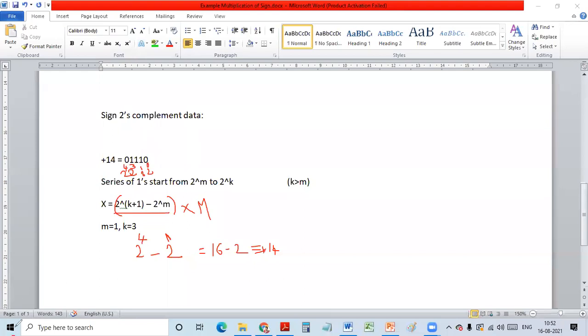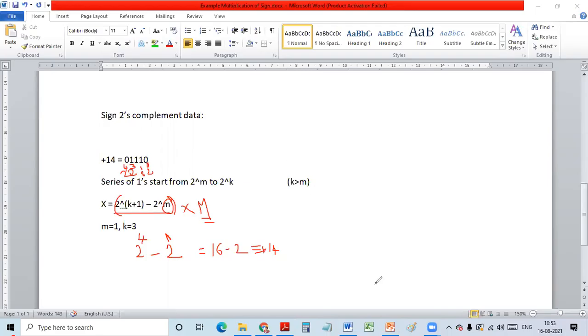The multiplicand has to be shifted left side by m number of bits. Whenever a number is shifted left by 1 bit, it is nothing but multiplying by 2. Shifting left side is nothing but multiplying by 2. Shifting right side is nothing but dividing by 2.